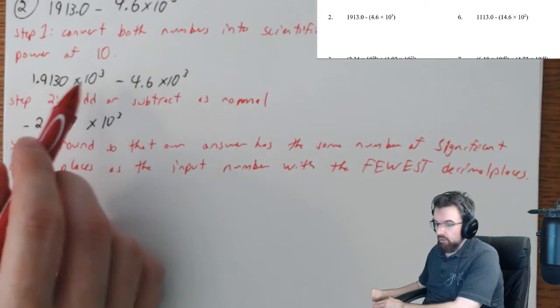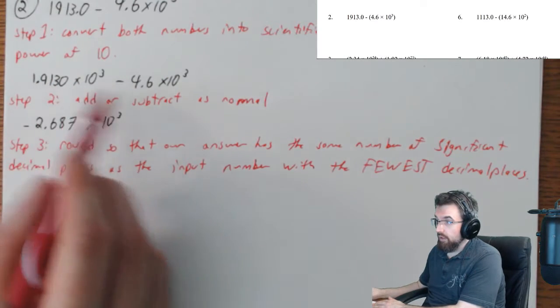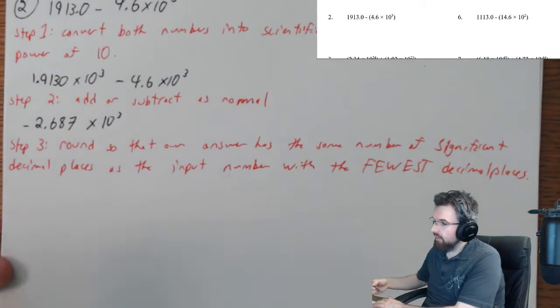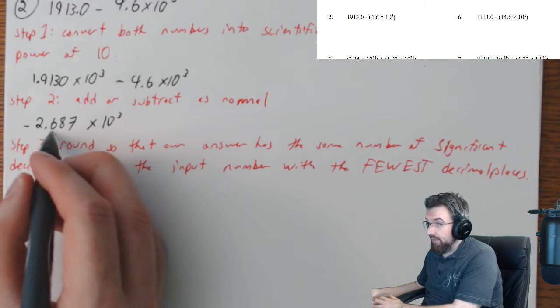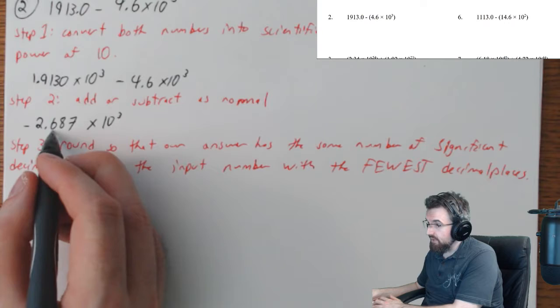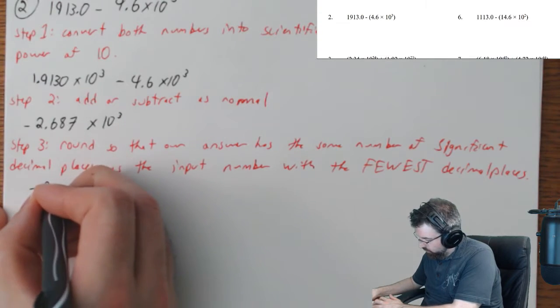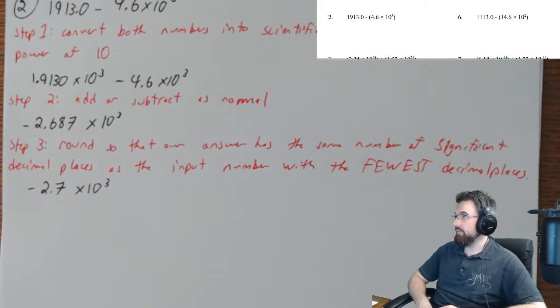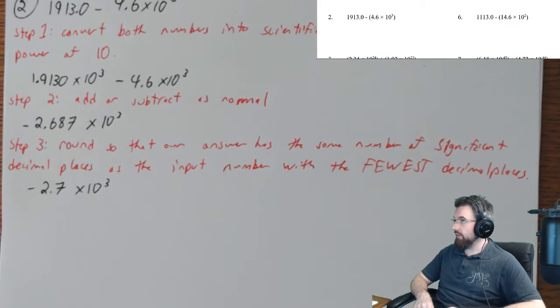Right? So we can look back up here. This one had 4, this one had 1. So our answer is going to have 1. So if we round this number to have 1 significant decimal place, we're going to be cutting off this 8, which means this rounds up. So we're going to have a negative 2.7 times 10 to the 3. And that is our answer. That's the final thing we're going to end up with here.